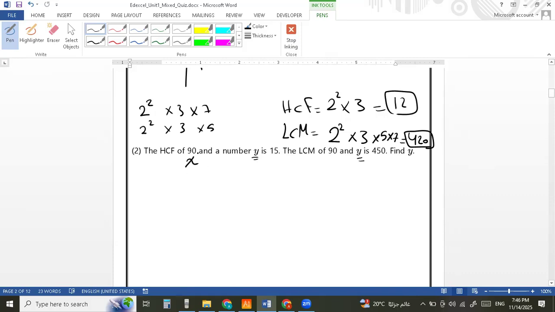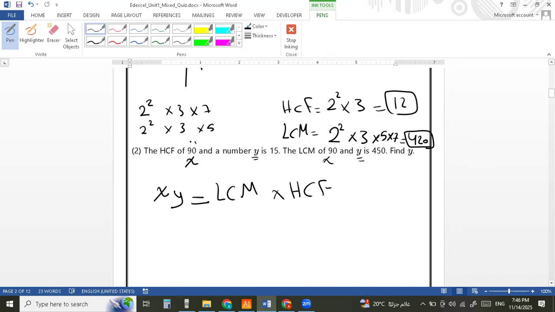I'm giving you the rule. HCF of x and y, LCM of x and y. How can I find one of them? Know this rule: x times y is the same as LCM of x and y times HCF of x and y.